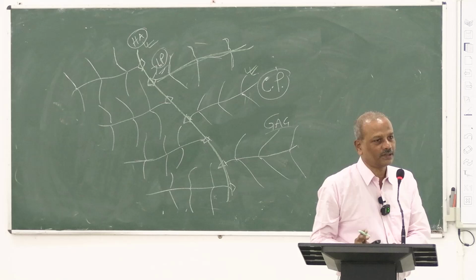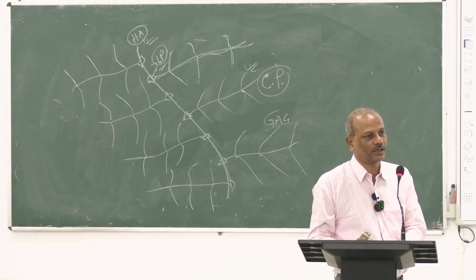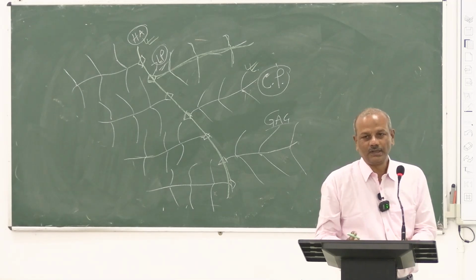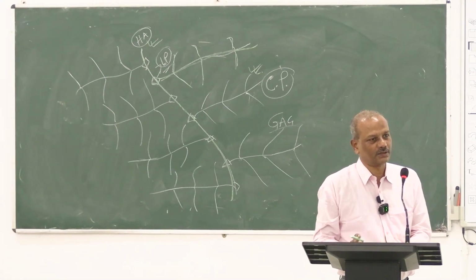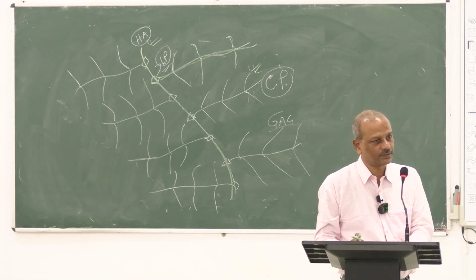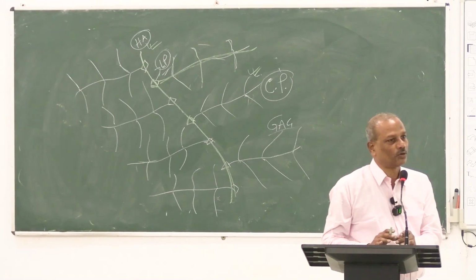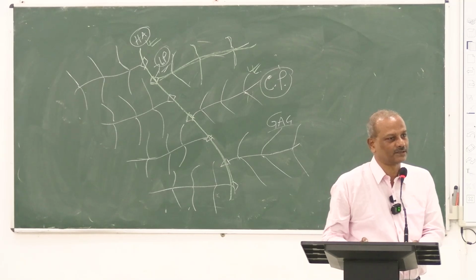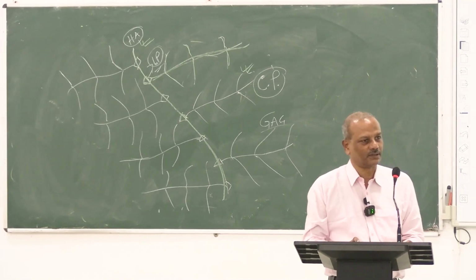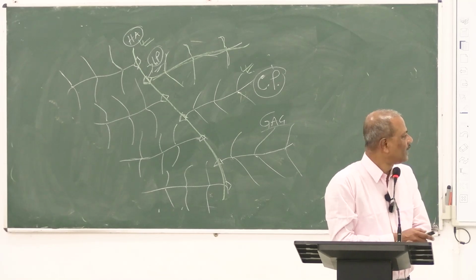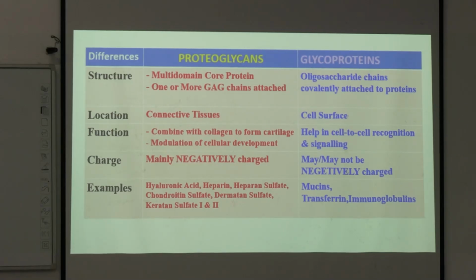As for location, proteoglycans are mainly in the connective tissue, that is in the extracellular matrix or the ground substance. The other name of extracellular matrix is ground substance. In contrast, glycoproteins are usually present on the cell surface, and they act as receptors and help in cell-to-cell recognition and signaling. But glycoproteins may or may not be negatively charged.